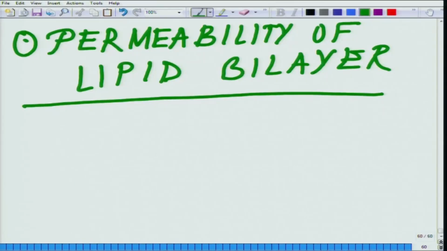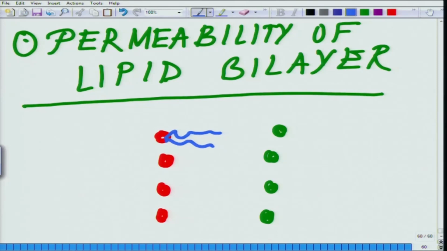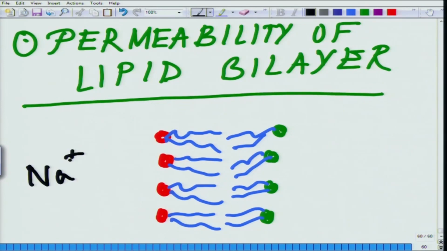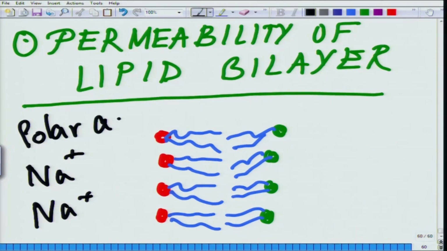In other words, what I mean is this: say for example, you have a lipid bilayer like this, and something like this. It is very tough for these kind of ions or some kind of polar molecules, some kind of say polar amino acids which we have already talked about.